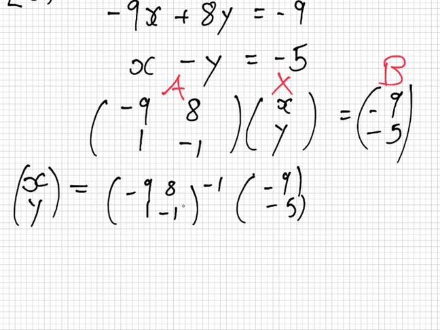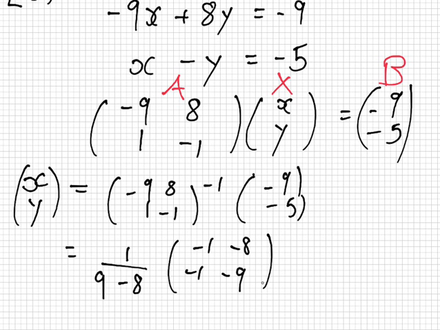Okay. So firstly, determinant. 9 minus 8, which is 1. Swap, change sign, and then multiply. 49, isn't it? 9 plus 40, 49.